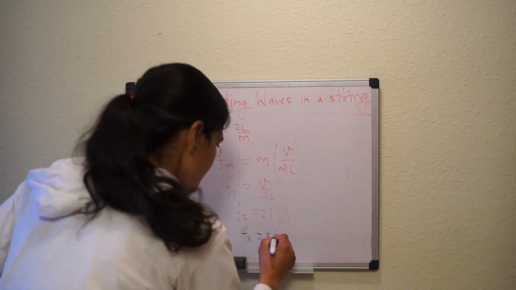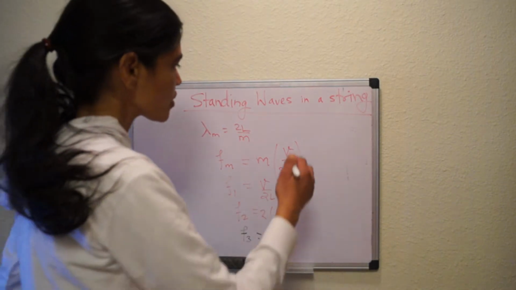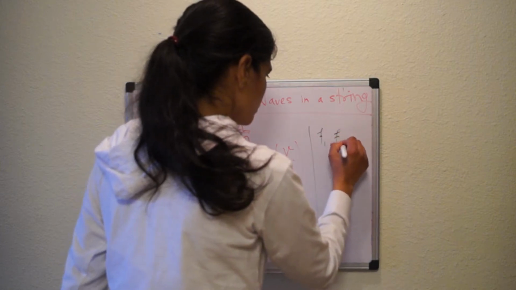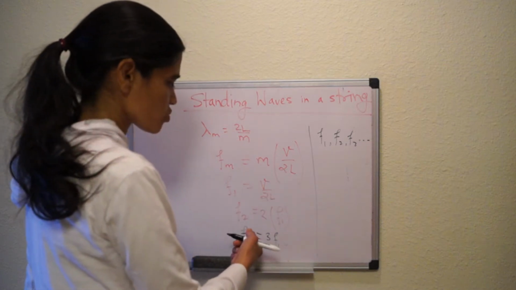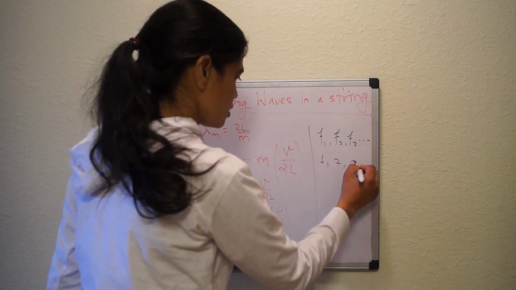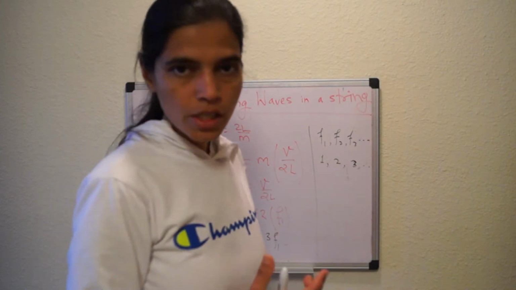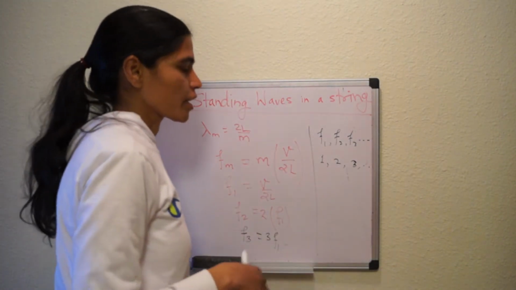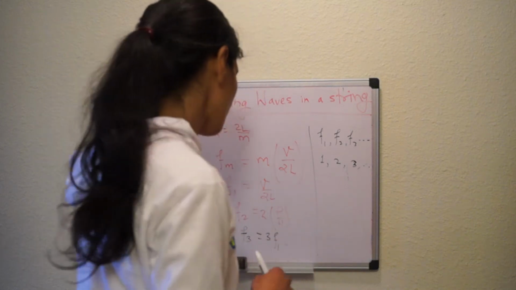This is just f1. So you see, these frequencies form a series, f1, f2, f3, like 1, 2, 3, dot dot dot. They form a series of harmonics. That's when we have a standing wave in a string, it can produce a series of harmonics, okay?